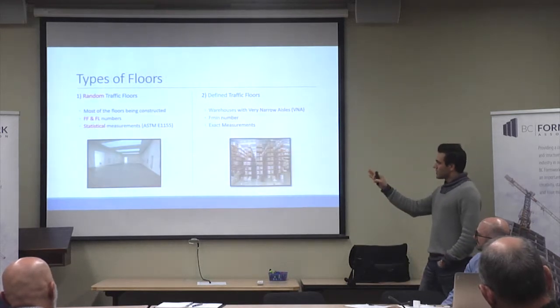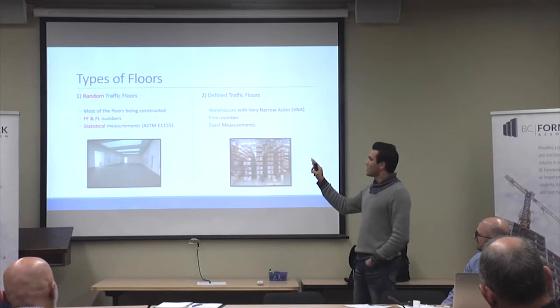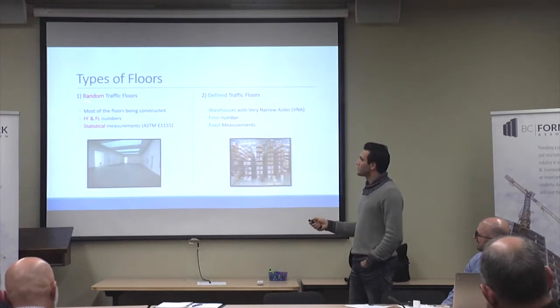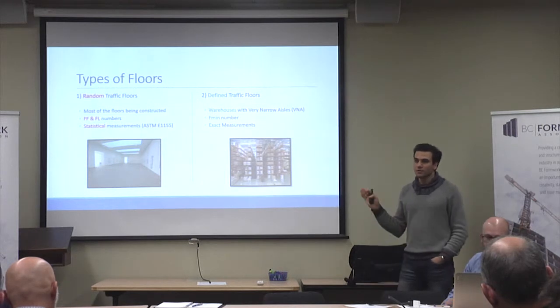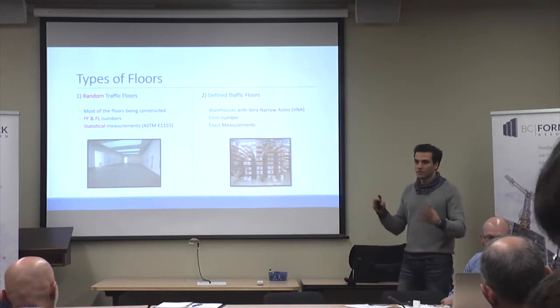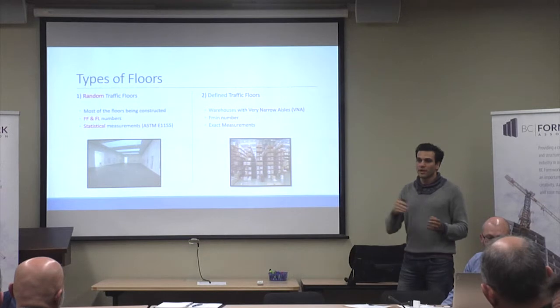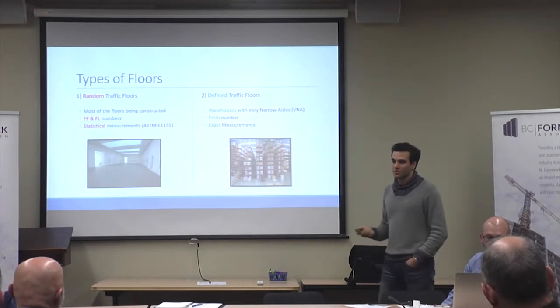Let's first discuss the 2 different types of floors. One is random traffic floors, in which people or vehicles or lift trucks, whatever it is, can go in any direction. 99% of the floors being constructed are random traffic floors.